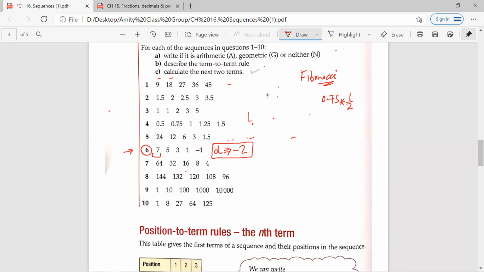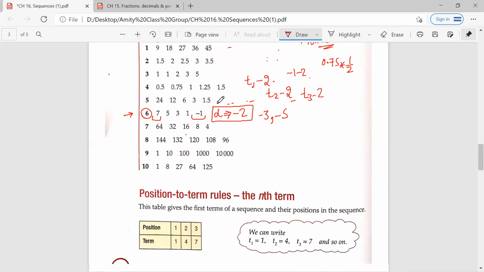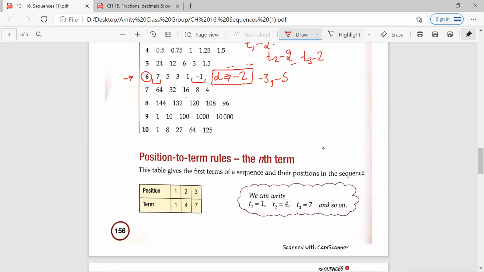First term -2, second term -2, third term -2. So if I want the next term, I'll have to subtract 2 from this. So this will be -3, -3 minus 2 will be -5. Sanviji, do we agree? Yes, sir.